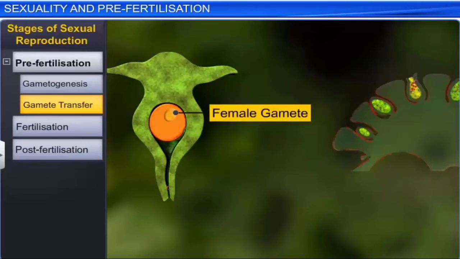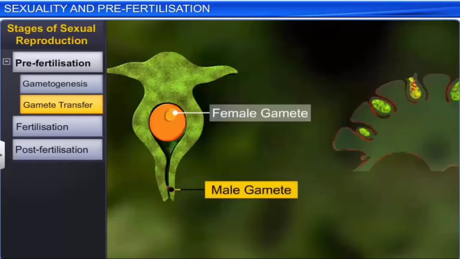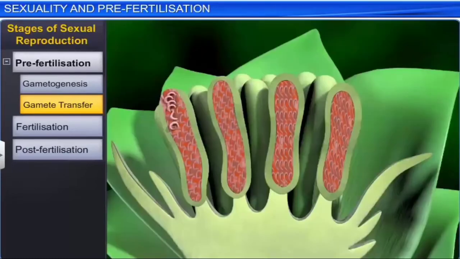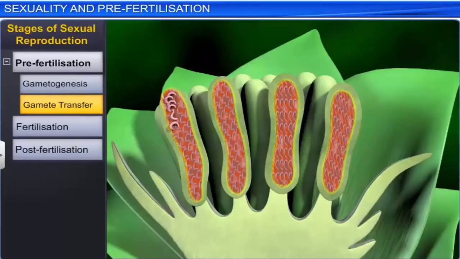However, during this process, many male gametes either die or fail to reach their destination. To overcome this lacuna, most plants produce several thousand male gametes to ensure that at least some of them reach the female gamete.